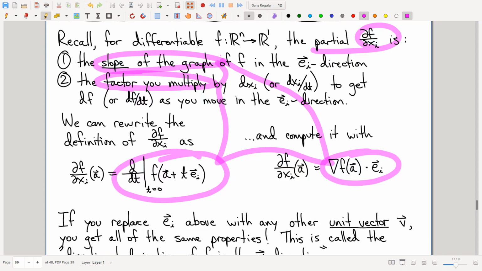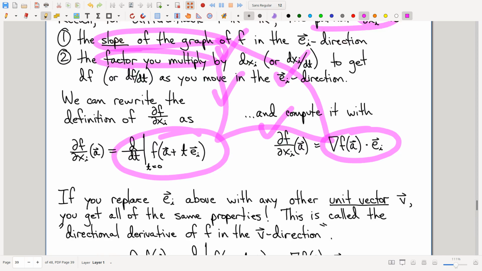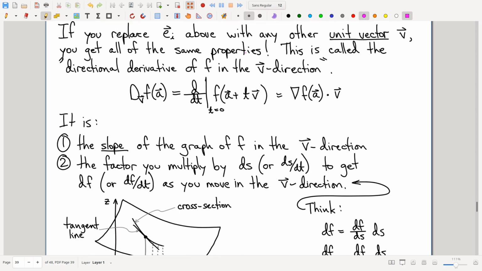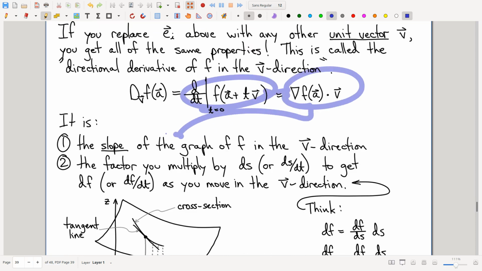We would write these things differently depending on the coordinate system, but what remains is that these expressions all equal each other, no matter which direction you're pointing. So the big idea is this: this expression, which is the slope of the graph, which is the multiplicative factor, these things are all equal to each other.